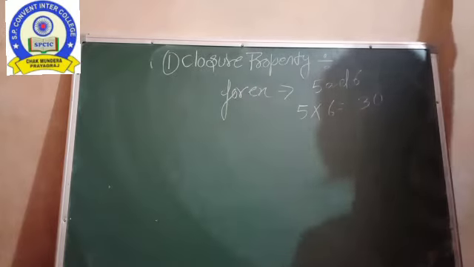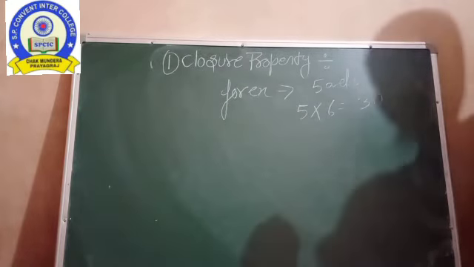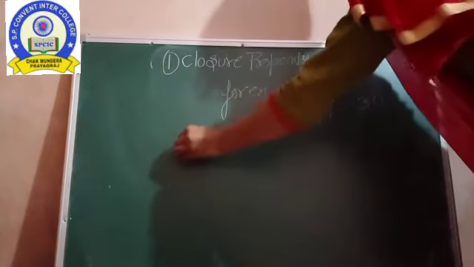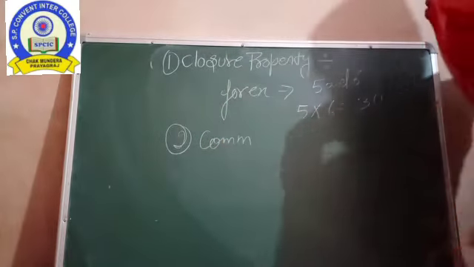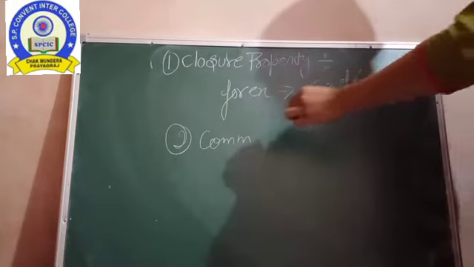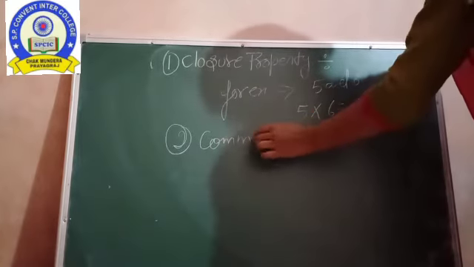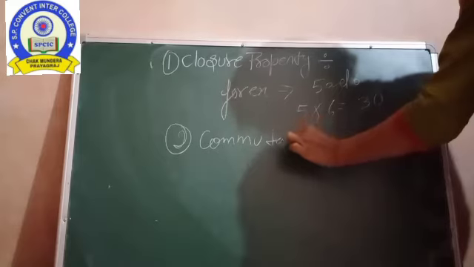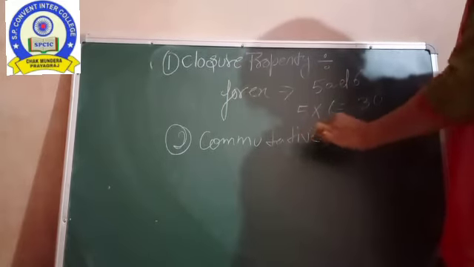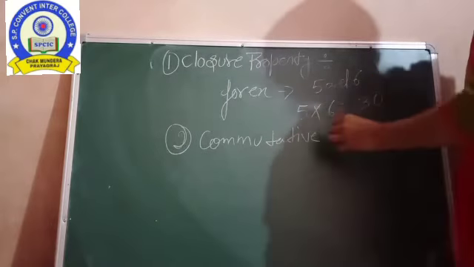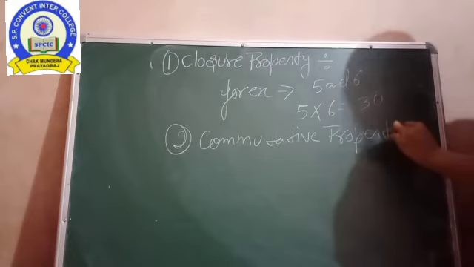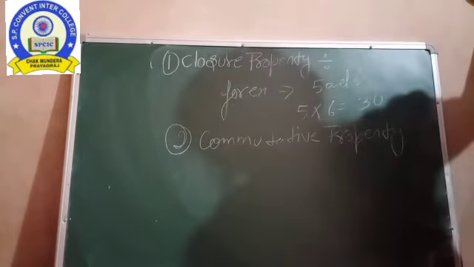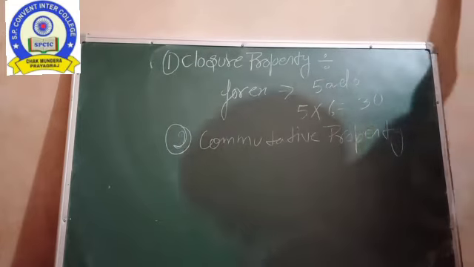Now the second property is commutative property. Commutative property is what?